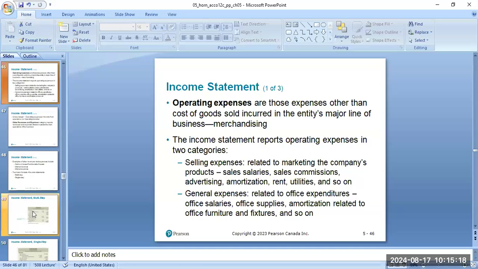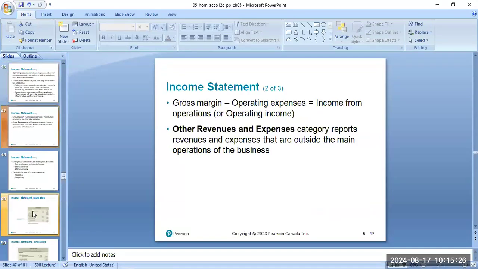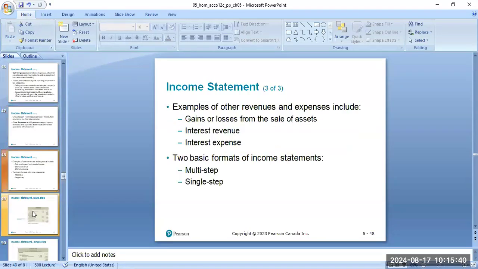In the income statement, we will report those operating expenses in two categories: selling expenses and general expenses. Then we're going to have gross margin minus operating expenses, going to give us the income from operations. Then we're going to have other revenue and expenses, and after that we're going to have net income.